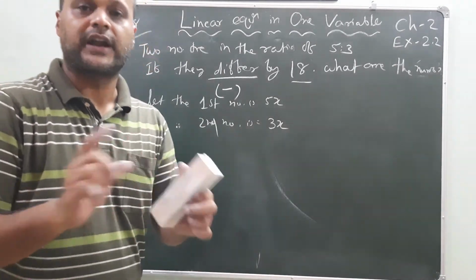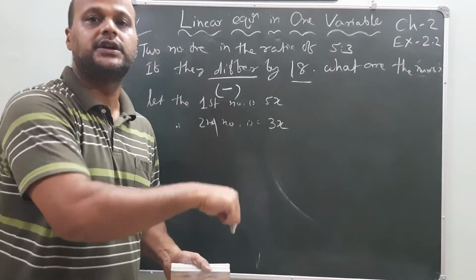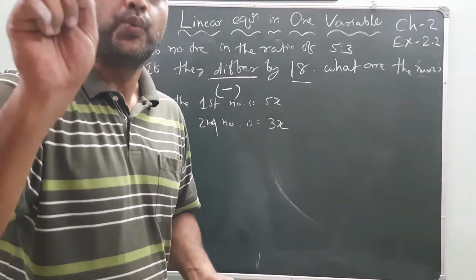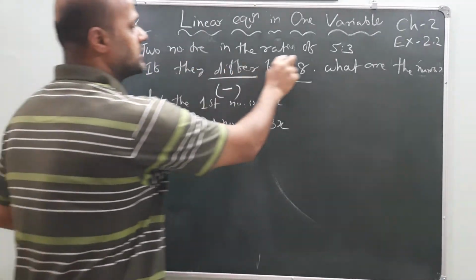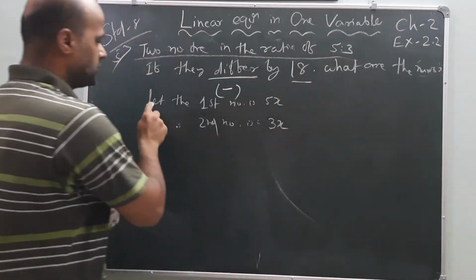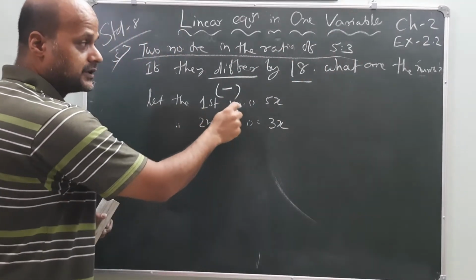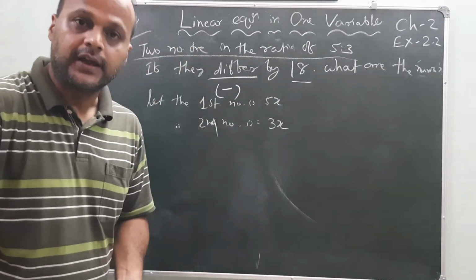Don't write multiple variables. Write only one variable, because we have studied linear equations in one variable. Now according to the question, the first statement is over: the two numbers are in the ratio, so let the first number be 5x and the second number be 3x.